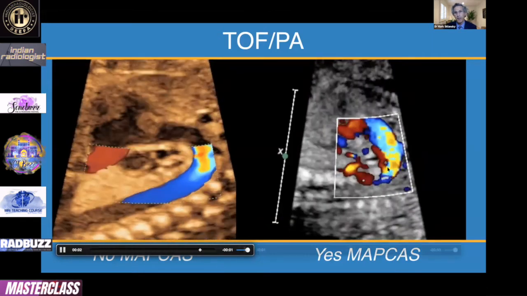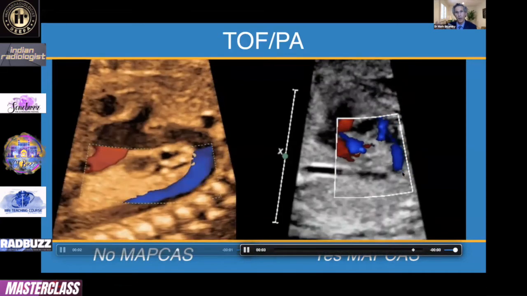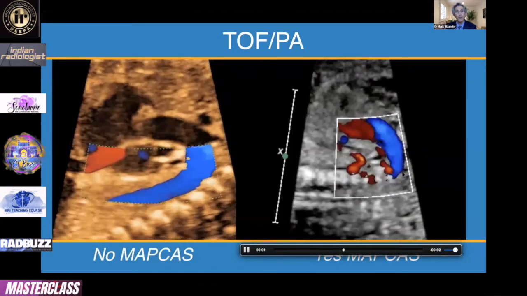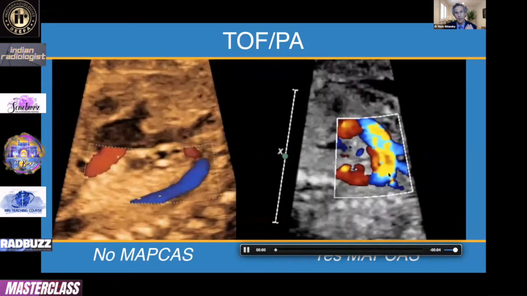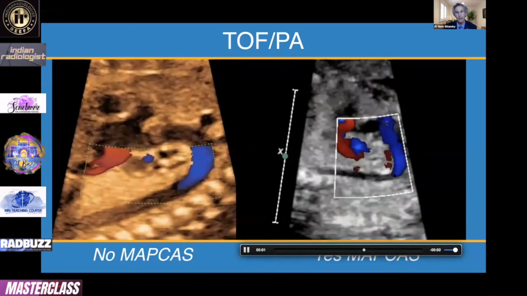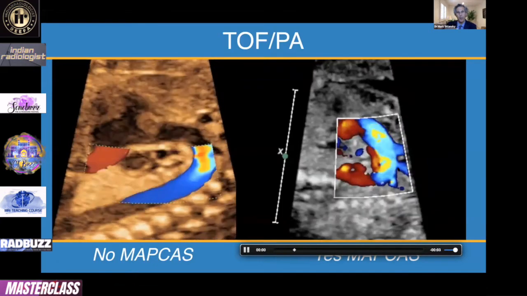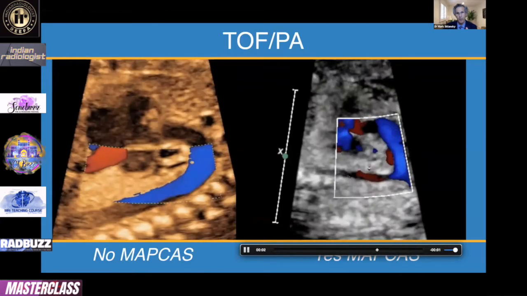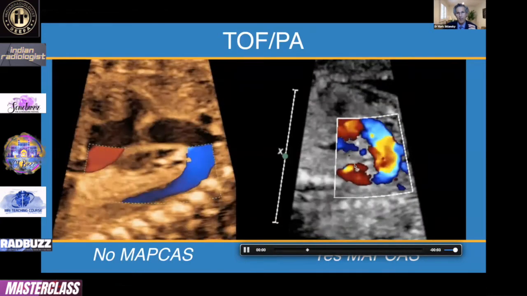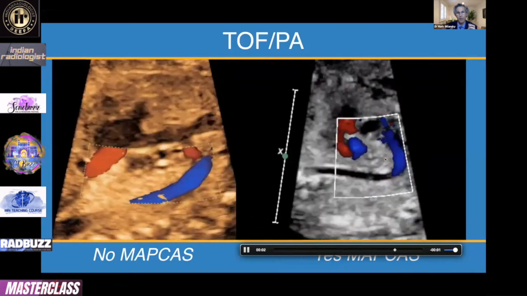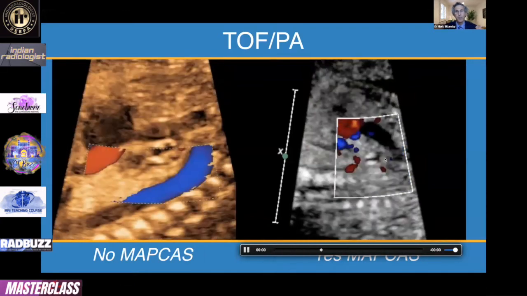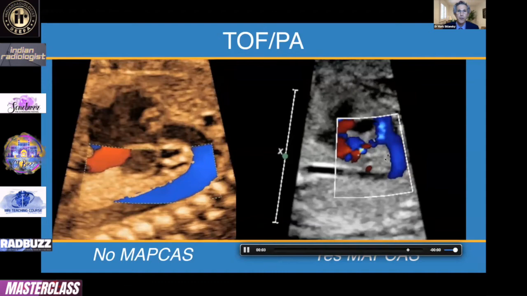On the right, this is a case of tetralogy with pulmonary atresia where there's no ductus, the pulmonary arteries are very small, and instead you have multiple aortopulmonary collaterals coming off. You just lower the Nyquist, optimize the image, and these red serpiginous structures are aortopulmonary collaterals that perfuse the lungs because the pulmonary arteries are so small.